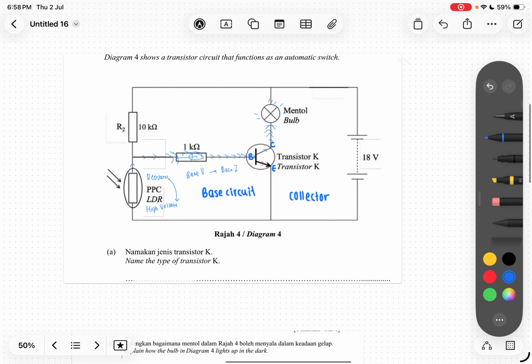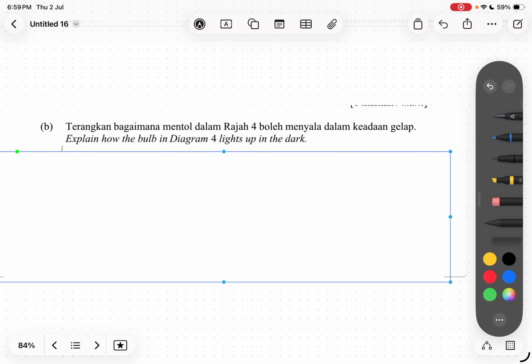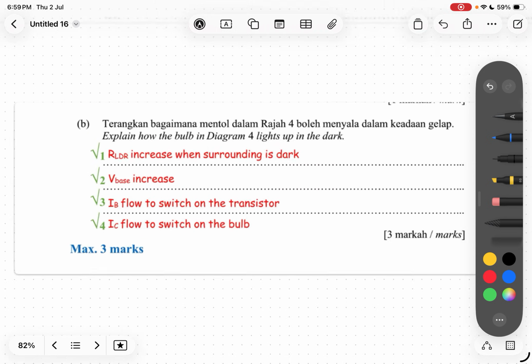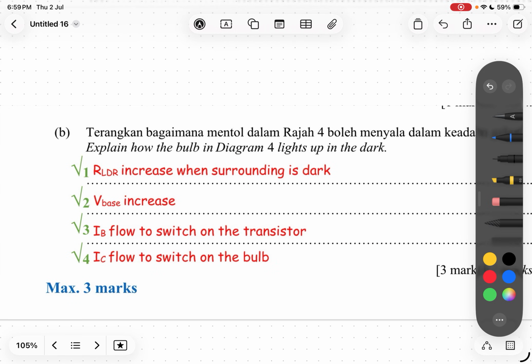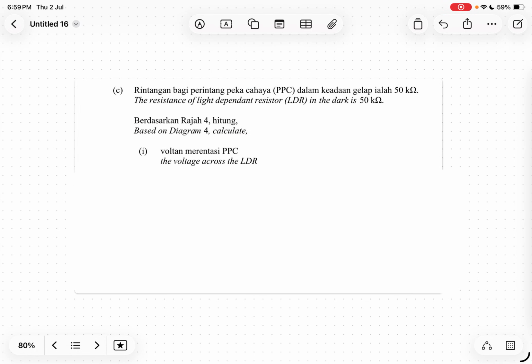Okay, so if you understand that, we can just put it into words here. So when the resistance in LDR increases when the surrounding is dark, the base voltage increases, the IB flows to switch on the transistor, IC flows to switch on the bulb.